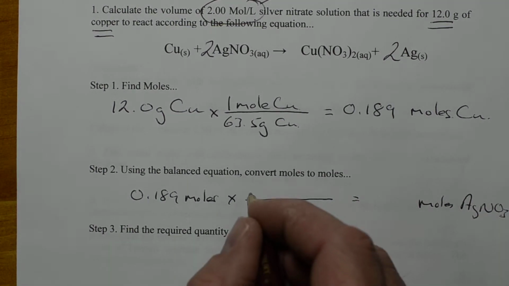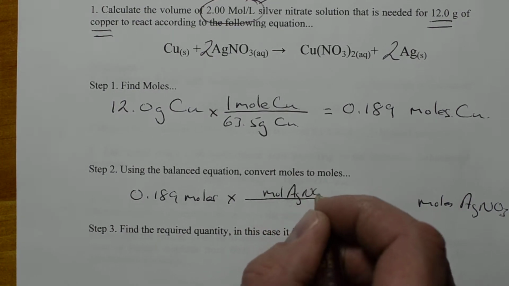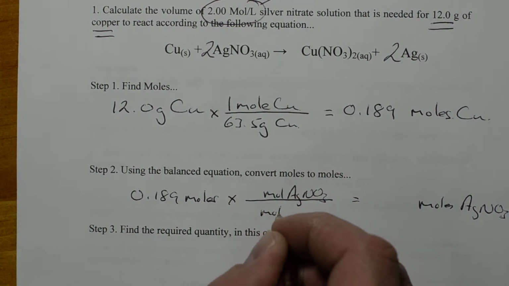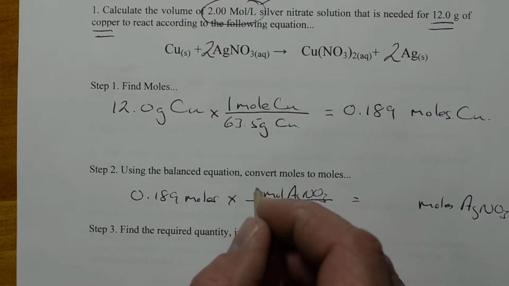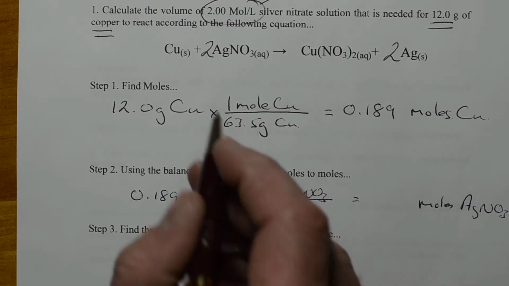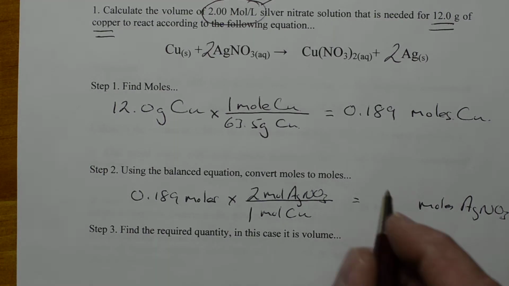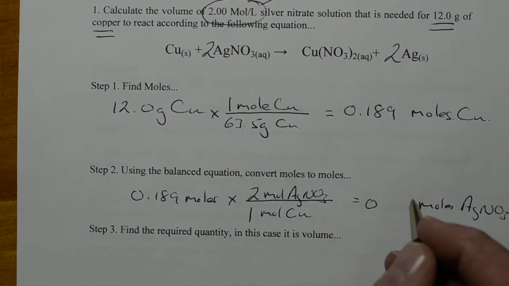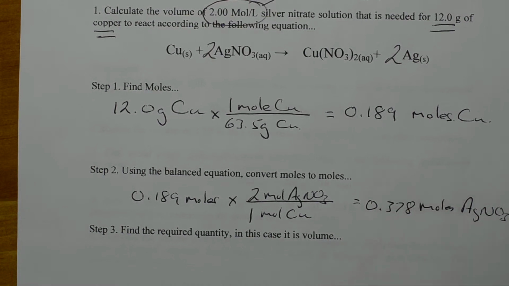So I want moles of silver nitrate on top and moles of copper on the bottom. If I look at my equation, I've got 2 moles of silver nitrate for every 1 mole of copper. If I do that calculation, I'm going to get twice 0.189, which is 0.378 moles of silver nitrate.